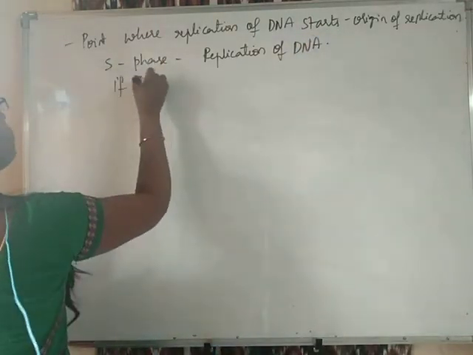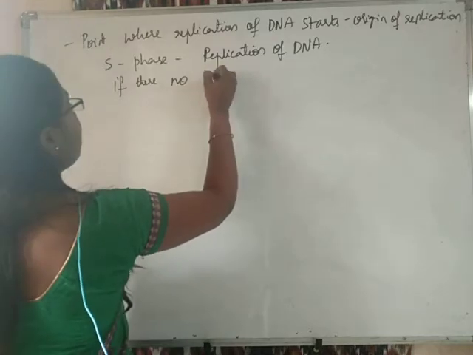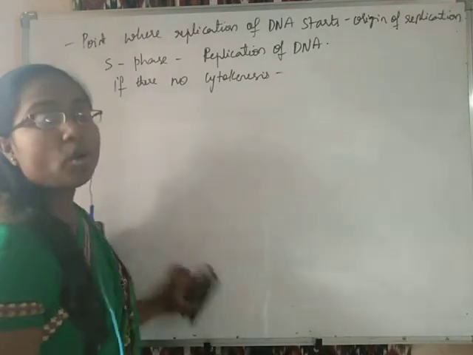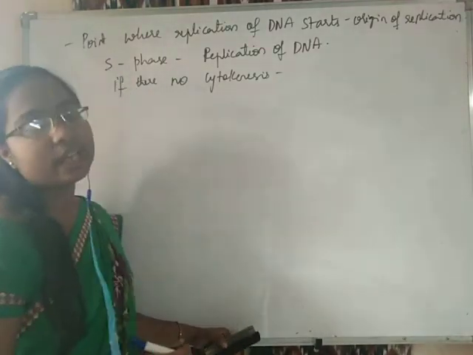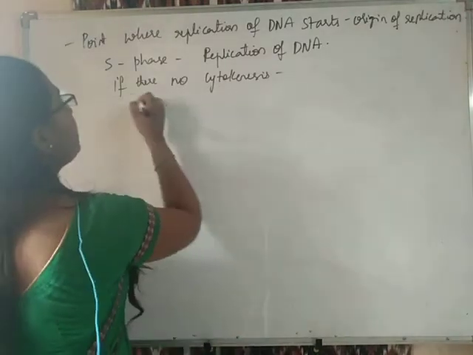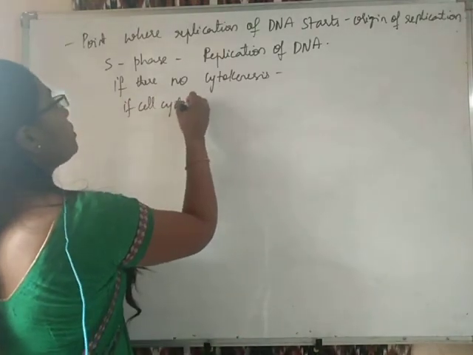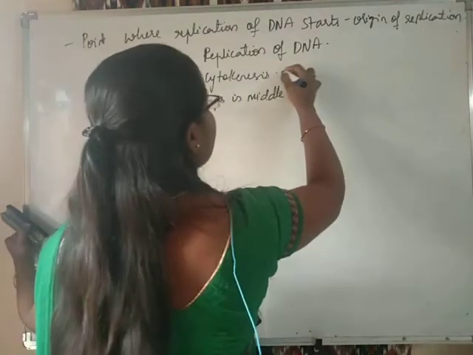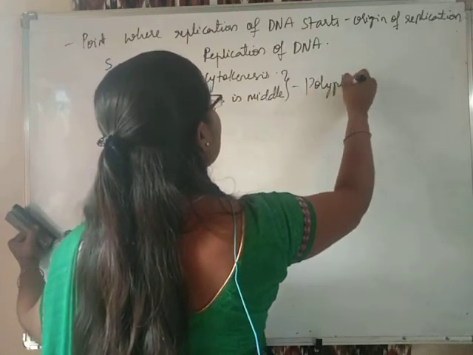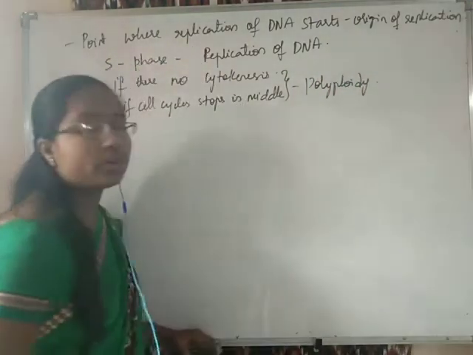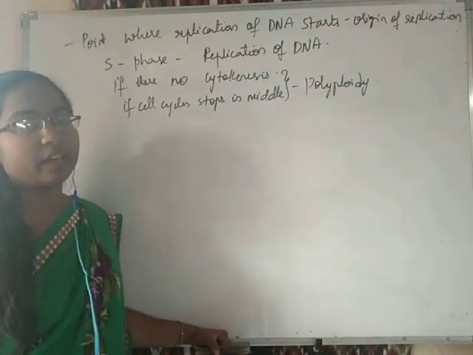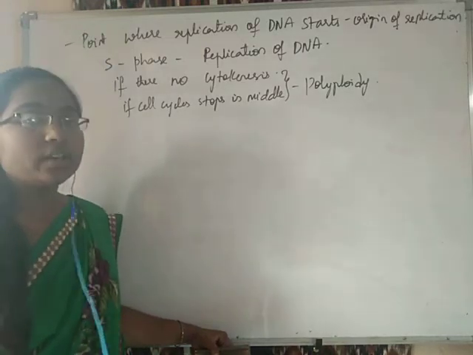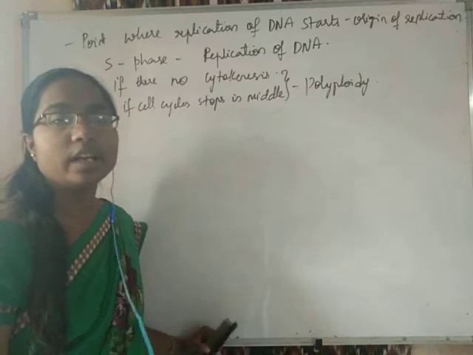If there is no cytokinesis, no division of the cytoplasm, or if the cell cycle stops in the middle, then it will result in a condition called polyploidy, containing additional sets of DNA, double the number of DNA. Okay, this is about the machinery involved in DNA replication.